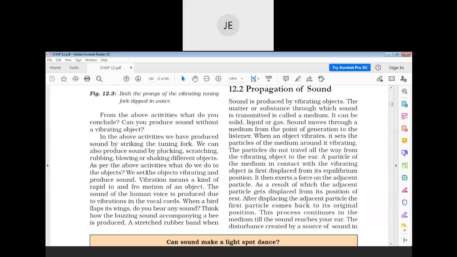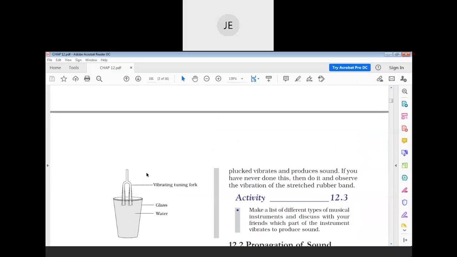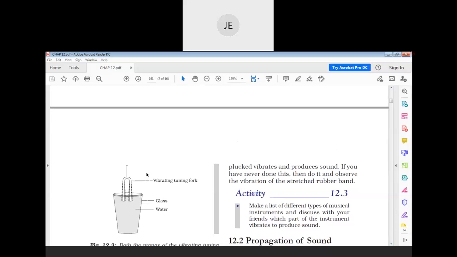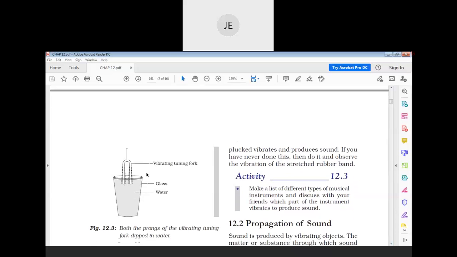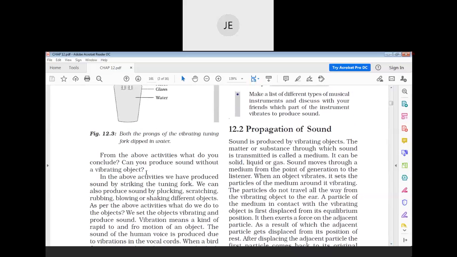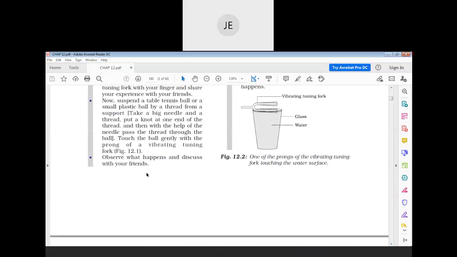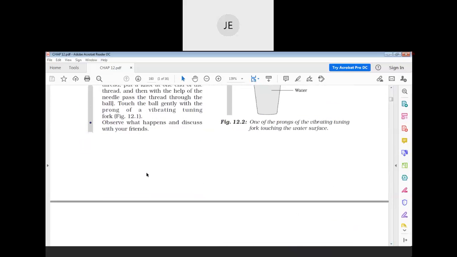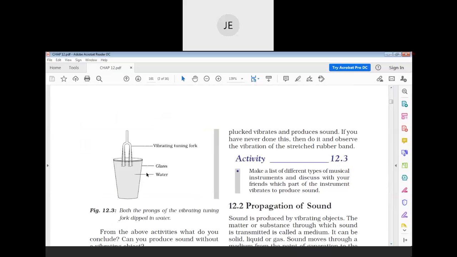A stretched rubber band, when it is plucked, vibrates and produces sound. If you have never done this, please do this. So basically, the summary of these activities is that a vibrating body produces sound.